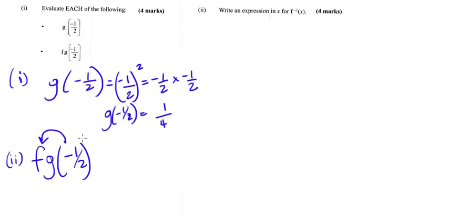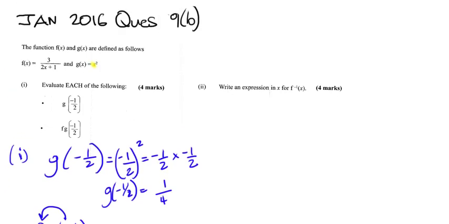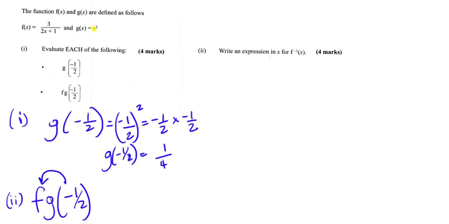So we know that f is 3 over 2x plus 1. With other composite functions, if we had an x here, we'd have to put the function into the other in terms of x. But no, we already know what g of negative a half is, right?